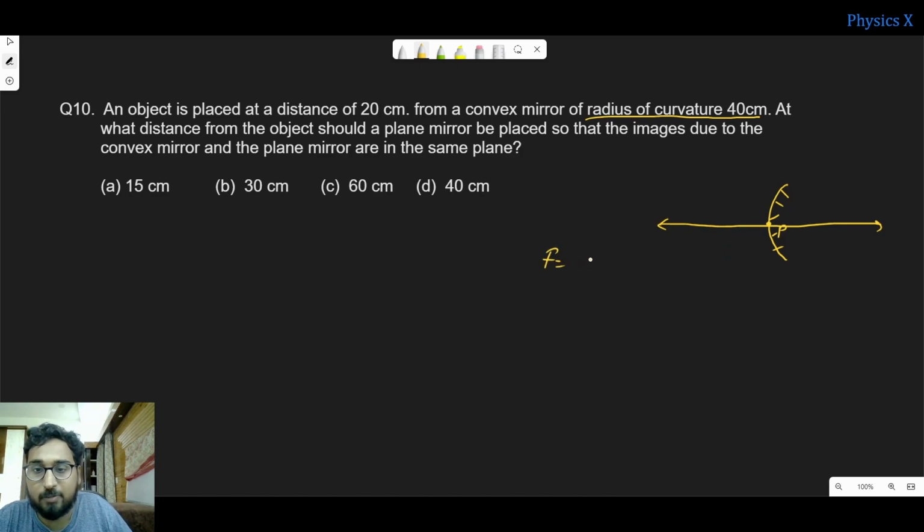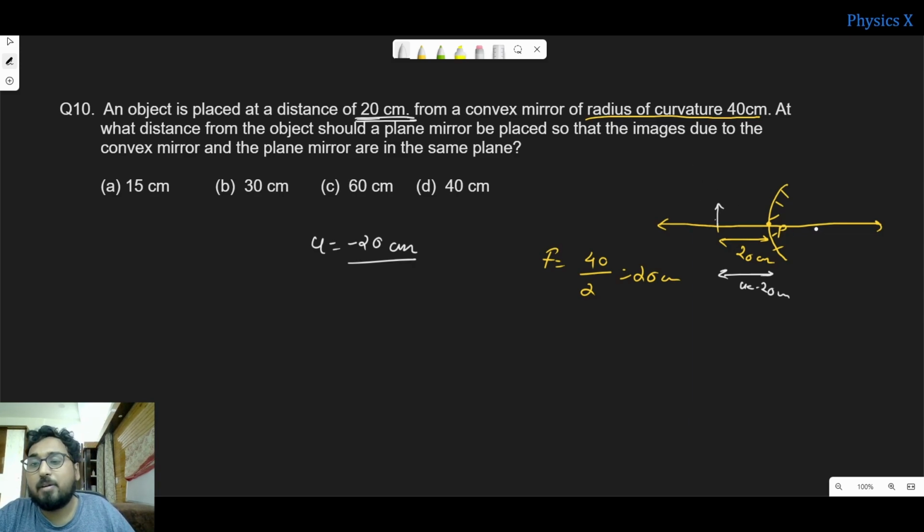So what is the focal length? Focal length is 40 by 2, it is 20 centimeter. So this is the point F, 20 centimeter. And where is he putting the object? u is minus 20 centimeter. Here he is putting the object. This is u also.